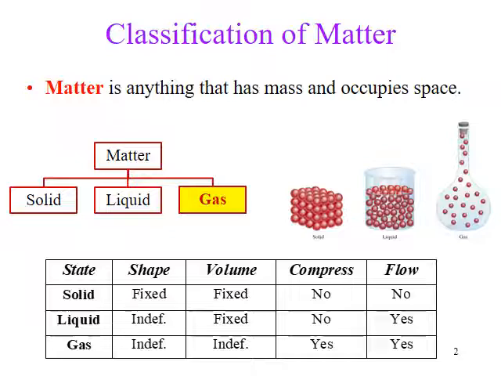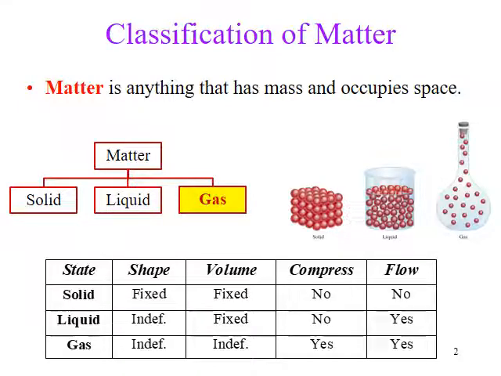Gases do not have a specific shape or a specific volume. They change their shape depending on the container they are placed in, and the same is true for their volume. Since these particles like to be very far apart from each other, whichever container you place them in, the distance between the particles increases and the molecules spread out throughout the container. So their volume is also indefinite.